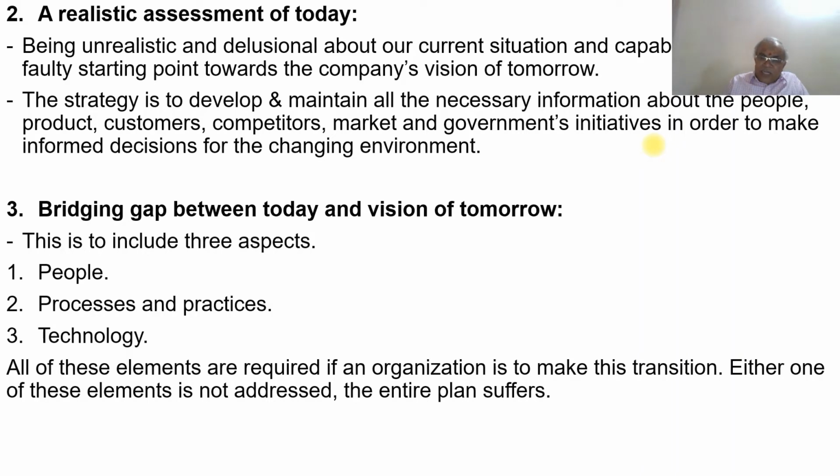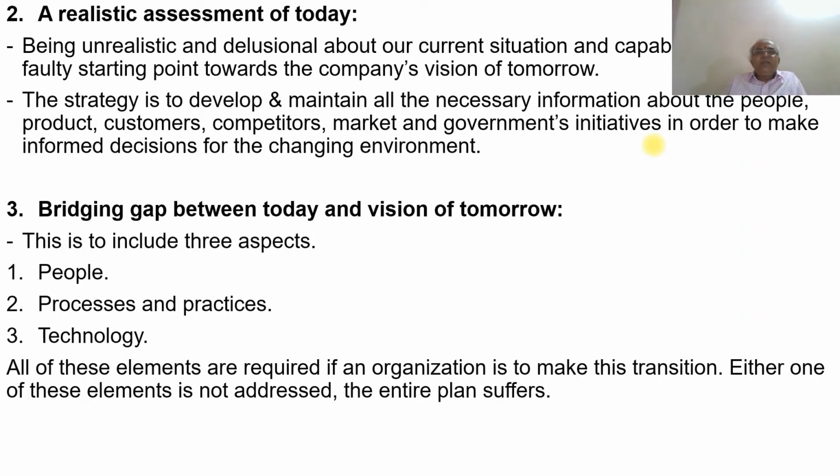What are the government initiatives taken in order to make informed decisions over the changing environment? Because of fluctuation in the market, sometimes the government takes initiatives that will help the companies to be sustained.